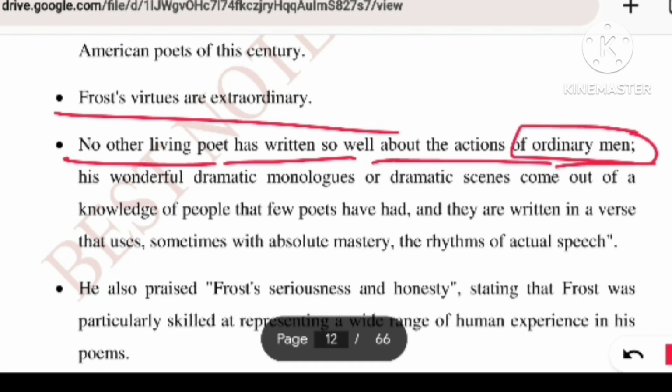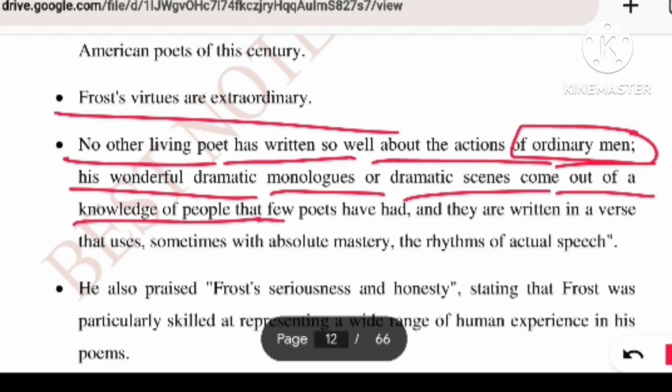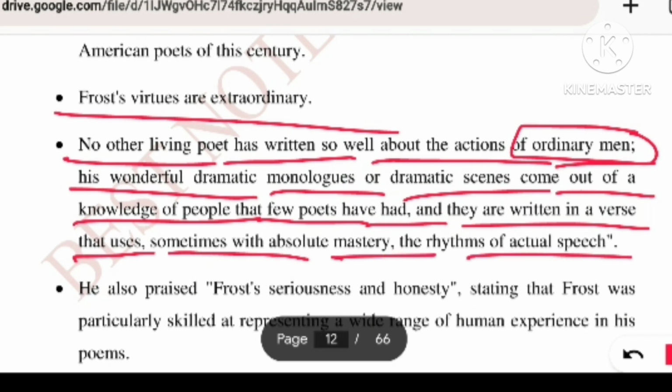We have been talking about the life of common people, villagers who are working every day to get their two square meals. His wonderful dramatic monologues and dramatic scenes come out of a knowledge of people that few poets have had, and they are written in a verse that uses, sometimes with absolute mastery, the rhythm of actual speech.